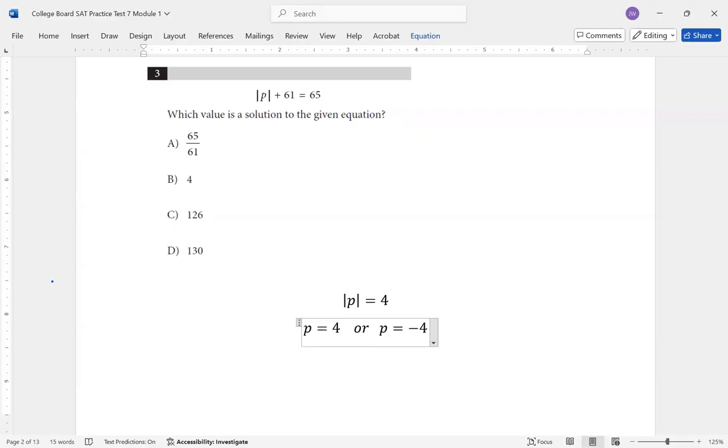So we could have 4, absolute value of 4 is 4, but also the absolute value of negative 4 is 4. So we get two answers, and obviously the only one that is in our options is the answer of positive 4. So B, 4 is the correct answer to question 3.